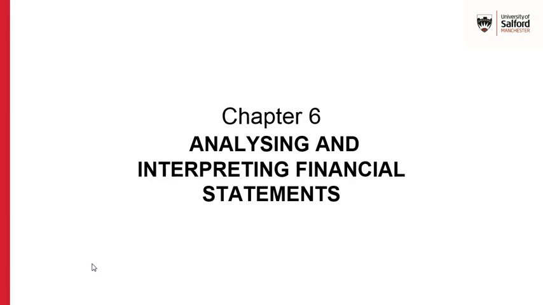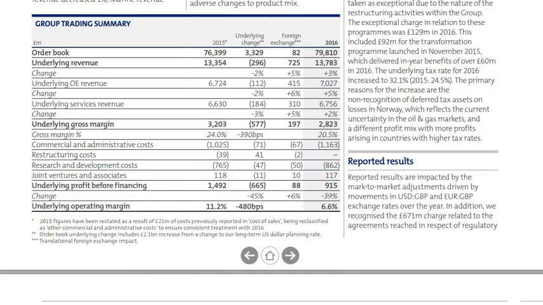Now, large companies, of course, produce annual reports, and they are full of analysis of their performance. So here we have Rolls-Royce accounts from the annual report for 2016, and it gives a little summary and some analysis.